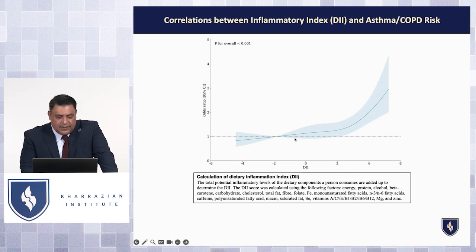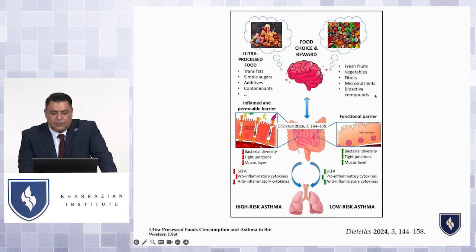They calculated what's called an inflammatory index, where they looked at pro-inflammatory foods versus anti-inflammatory foods in someone's diet. This is something you can read in the paper if you have interest in it. But when they made a dietary inflammatory index, they found a very, very strong linear relationship between flare-ups and severity of asthma and COPD with dietary inflammatory foods. So diet absolutely makes a big difference.